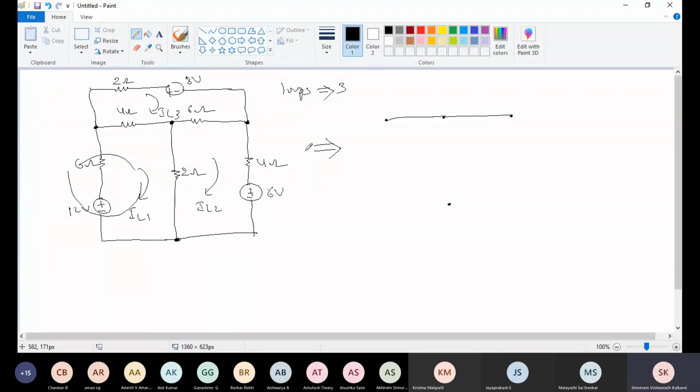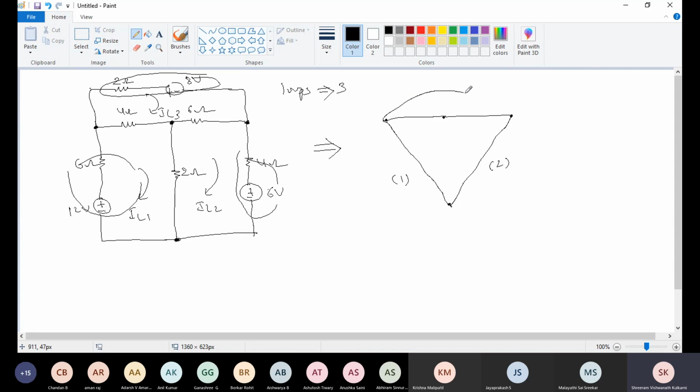This whole 6 to 12 is one branch, branch 1. Okay, and this is 4 to 6 volt, this is another branch, branch 2. Okay, and this is 2 and 8 volt, one branch. Fine.